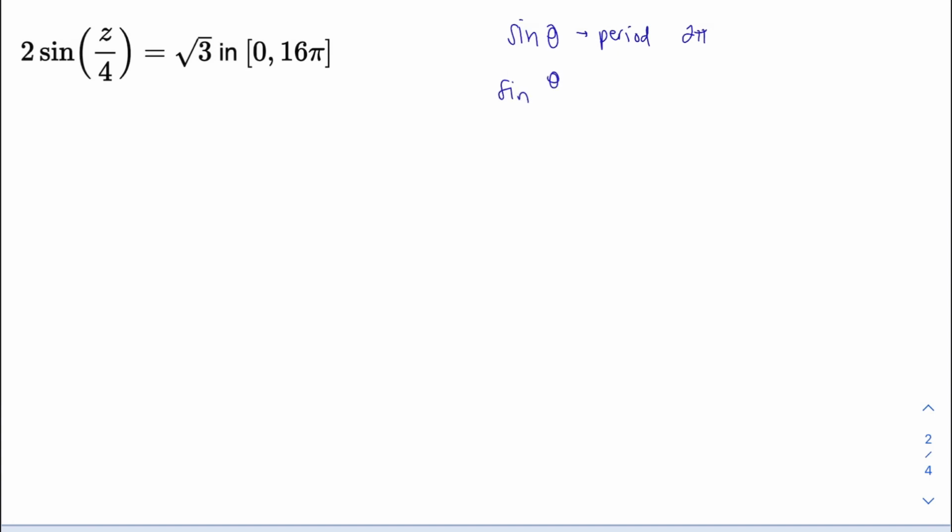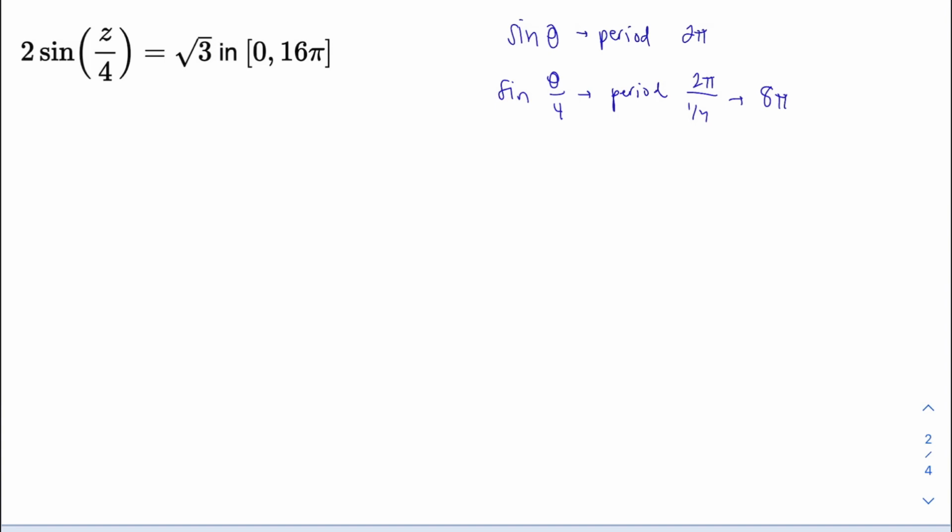So for sine of theta over 4, my period is going to be 2 pi over 1/4, or 8 pi, which means that every 8 pi, my solutions repeat themselves.